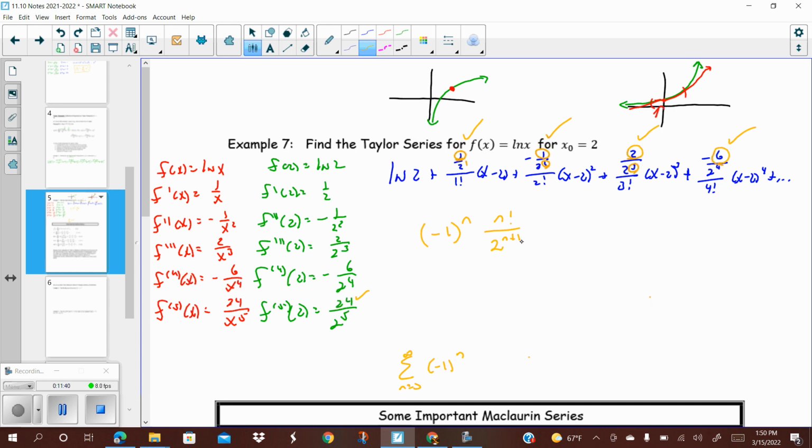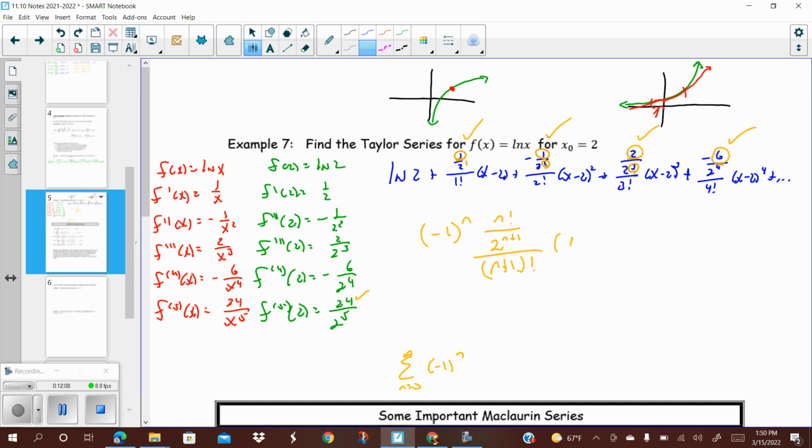Now if I plug in 0, I do get 0 factorial over 2 to the 1st. If I plug in 1, I get 1 factorial over 2 squared, and so on. In the denominator, those are going to be 1 factorial, 2 factorial, 3 factorial, so that also looks like an n plus 1 factorial, because again, those don't start at 0, they start at 1.